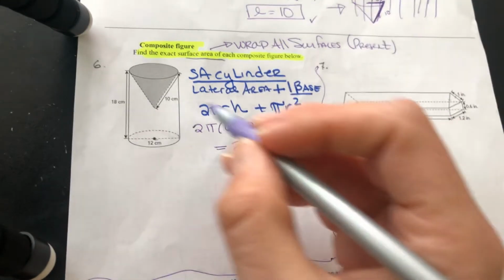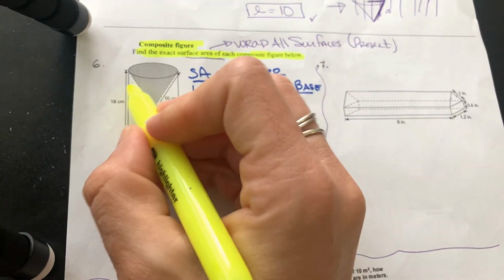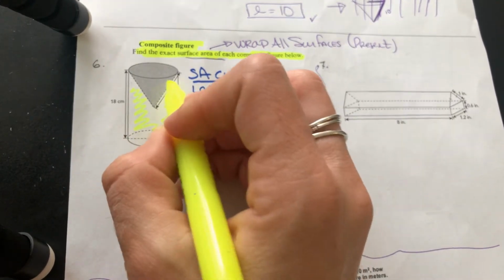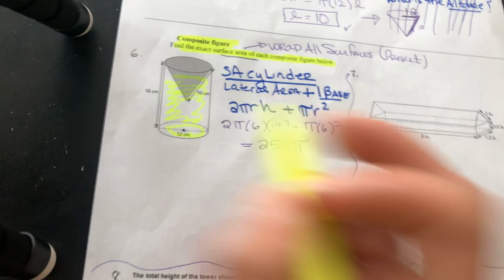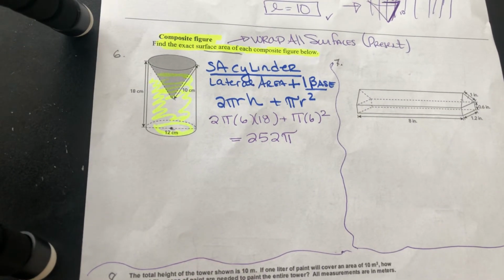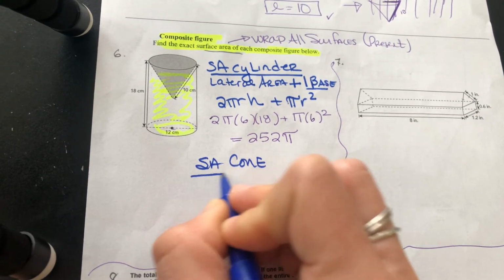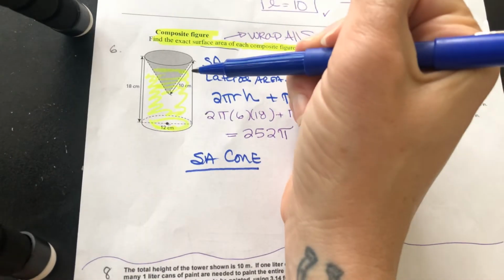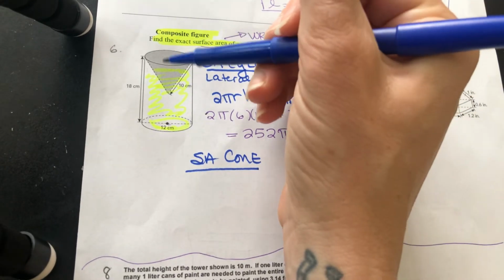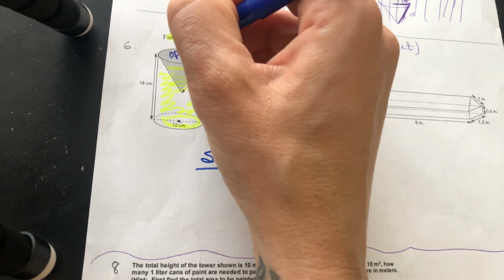Okay, so again, it's hard to do because it's not a 3D. Like I covered all of this outside and I covered the bottom. But you have a cone. And if you think about doing the cone, think about this logically. The cone surface area is lateral plus a base. This is open.